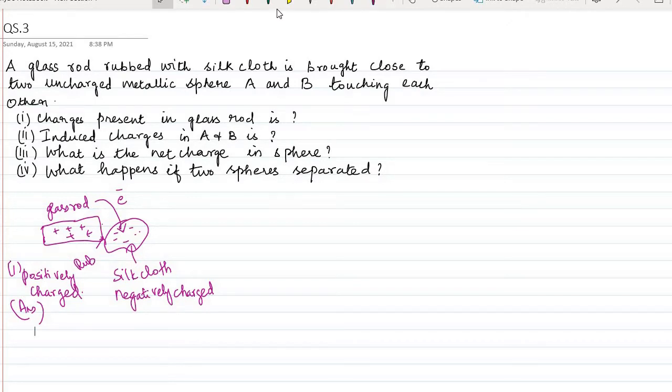Next, induced charges in A and B. What are A and B? A and B are the spheres. So now we are bringing this glass rod, which has a positive charge, to the two spheres.